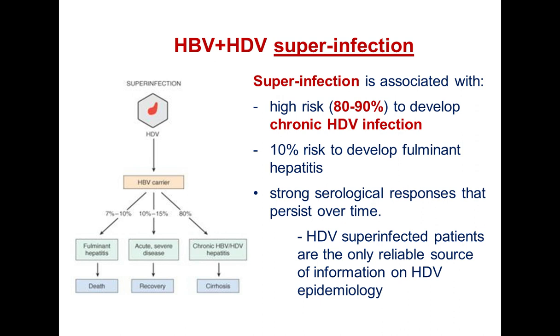In the setting of a superinfection, antibodies against HDV develop and persist over time. So this means that epidemiological studies aimed at investigating HDV seroprevalence are based on this category of individuals.